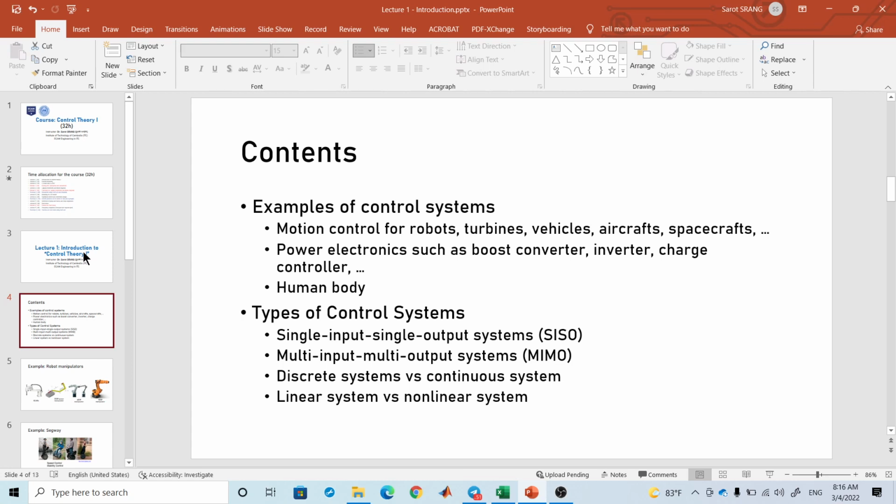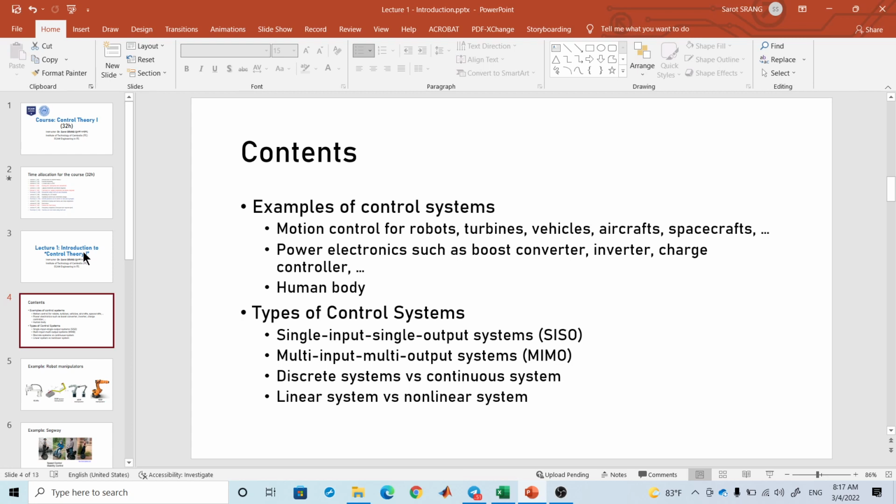Okay, so today's content is just two. First, examples of some control systems, where you can find the application of control systems. For example, motion control in robots, turbine, vehicle, aircraft, and spacecraft. We have power electronics like boost converter, inverter, charge controller.